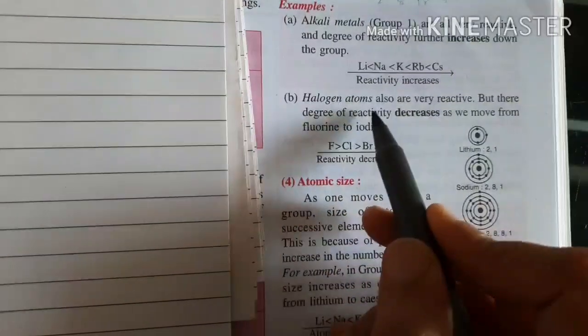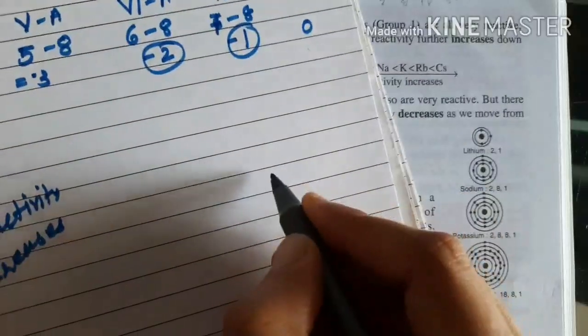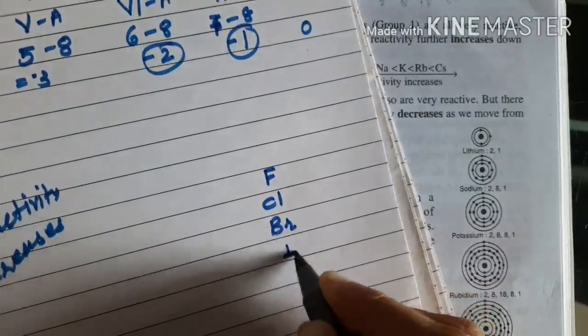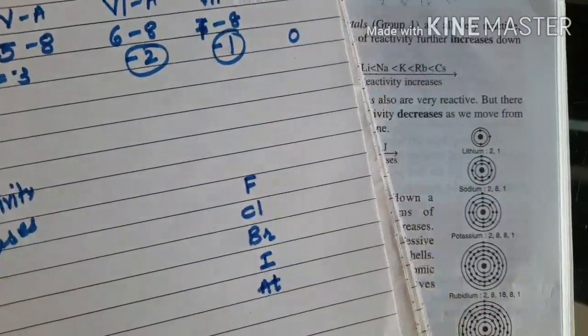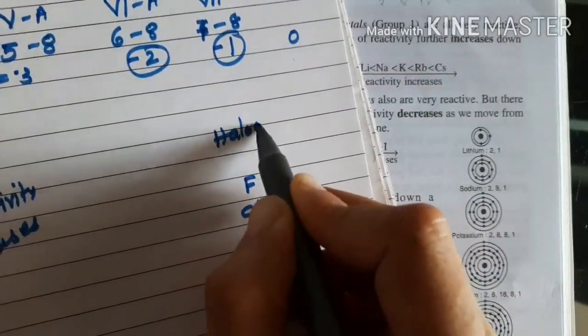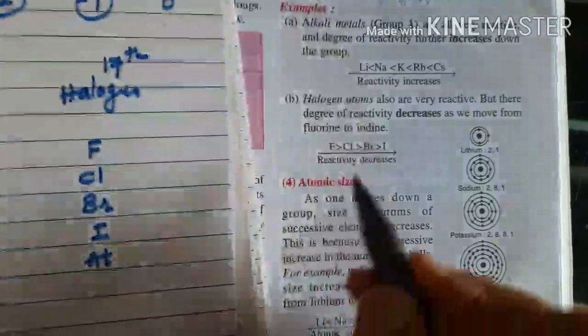Now in halogens, which are the halogens? Fluorine, chlorine, bromine, iodine and astatine. So these are the halogens, group 17.